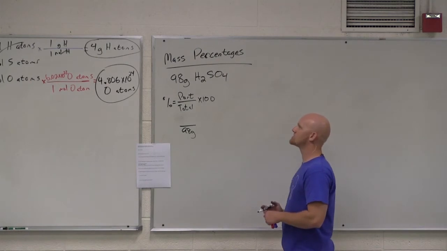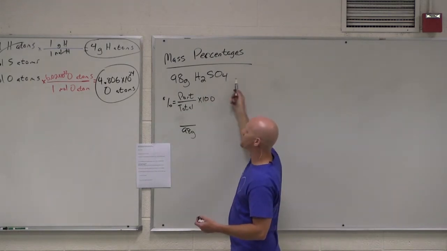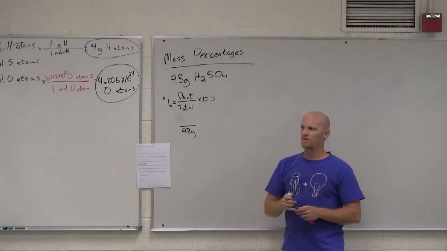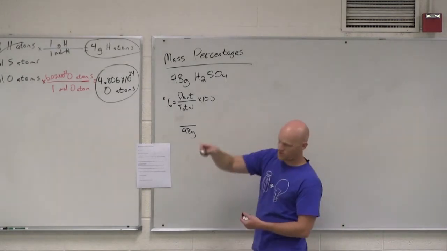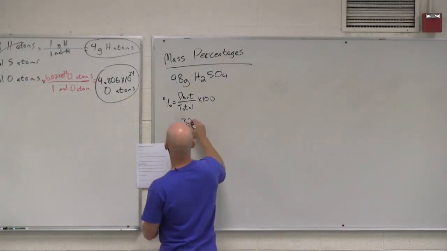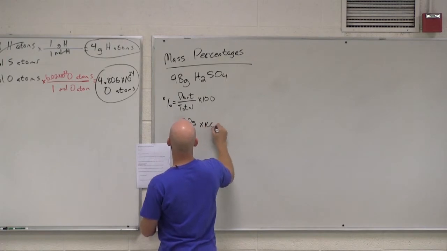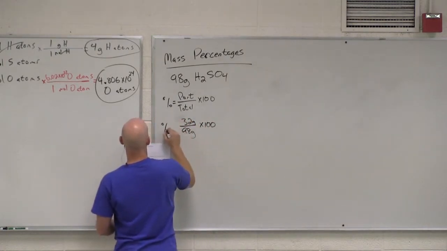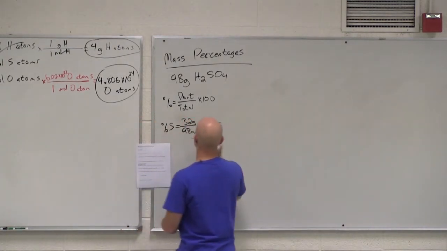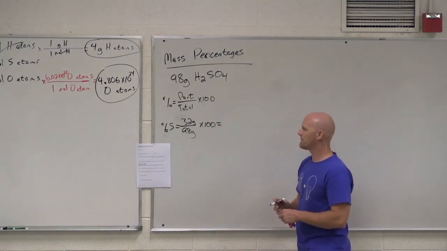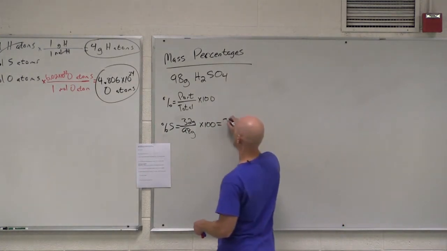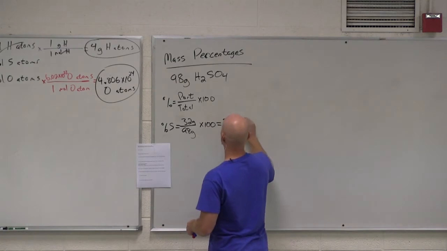And in this case, my total for a 1 mole sample size is 98 grams. How many of those grams are sulfur? Well, if I have 1 mole of H2SO4 here, how many moles of sulfur? 1 mole, which is 32 grams. So 32 grams over 98 times 100. And what is my percent sulfur here? 32.6.